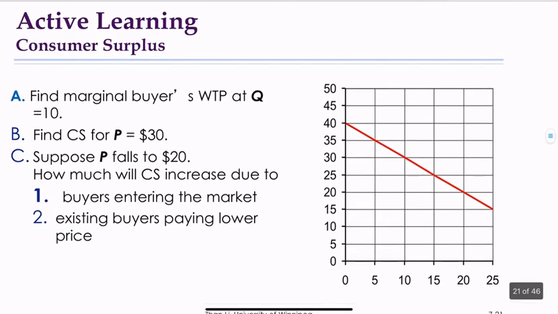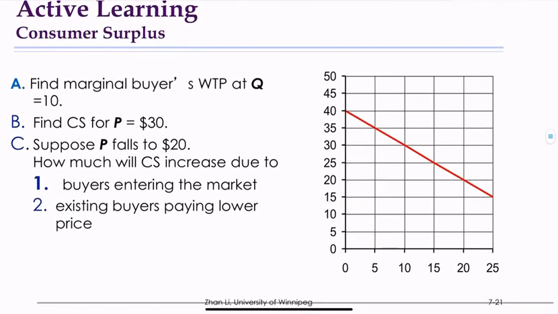Now let's see this example here. The first one asks, find the marginal buyer's willingness to pay at quantity equals 10. So at quantity equals 10, we have a price of 30, right?